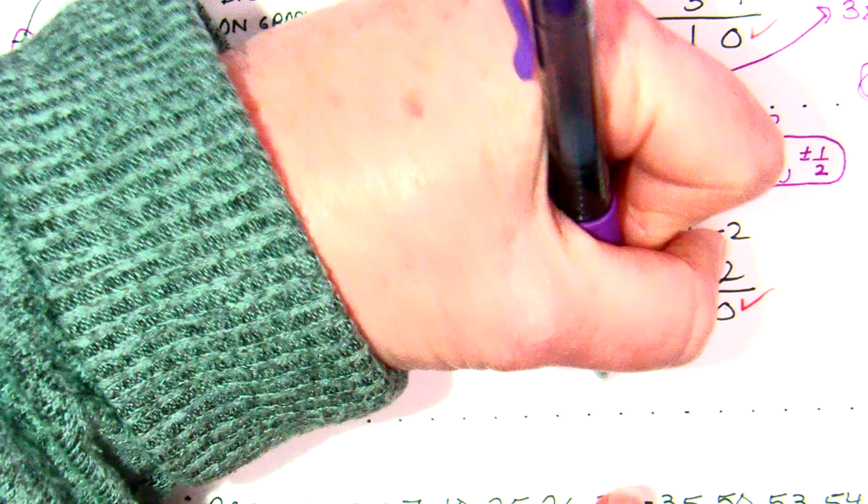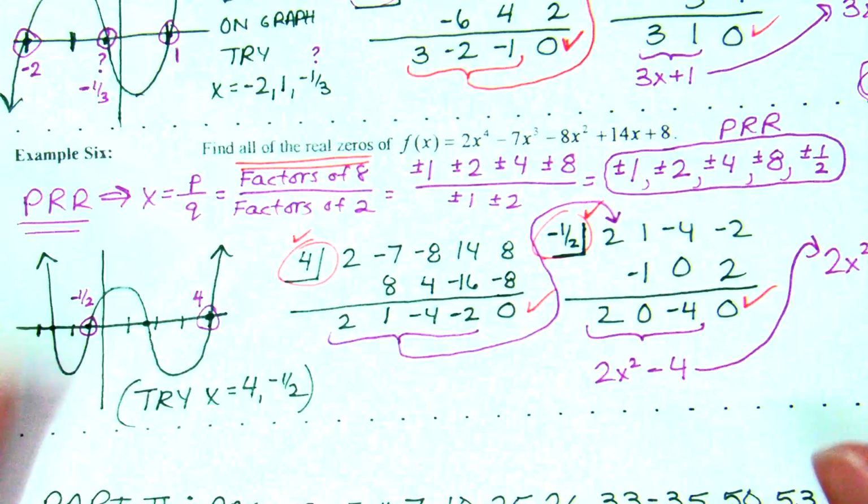So 2x squared, 0x minus 4. Take that, I'm going to bring it over here so I have a little bit more room, set it equal to 0, and solve. If I add 4 to the other side, 2x squared equals 4. Divide by 2, x squared is 2.